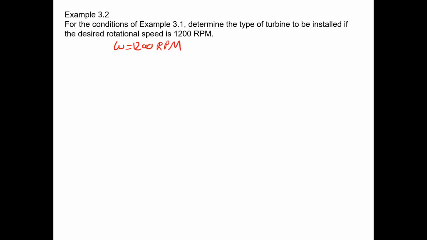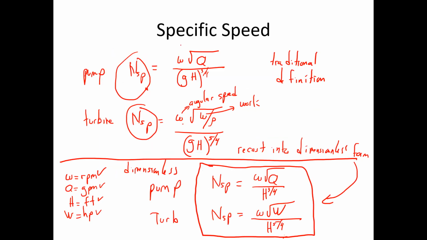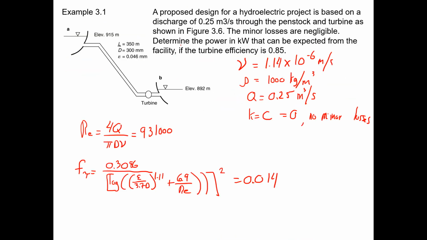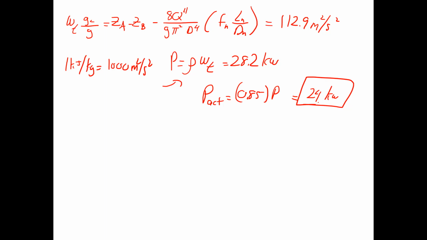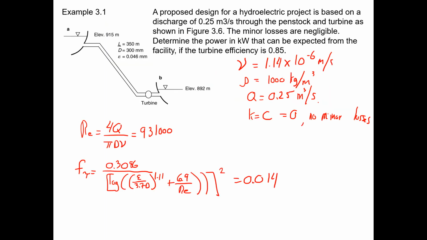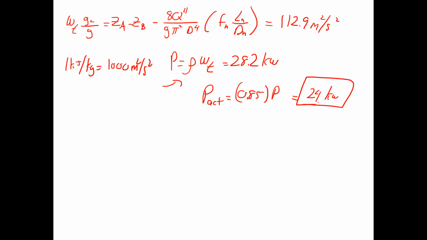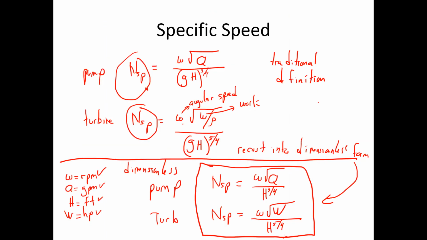So if we go back to that problem, we can see that we did a hydraulic analysis on it, and we pretty much computed the total power being extracted from it, and it's 24 kilowatts.